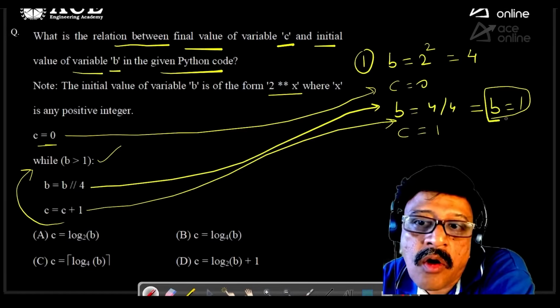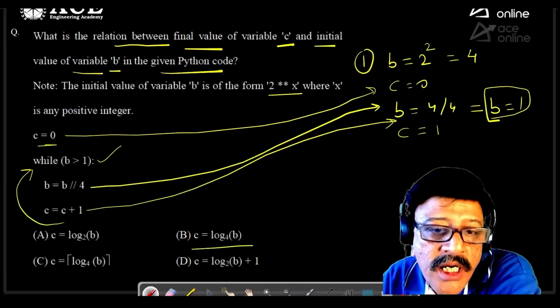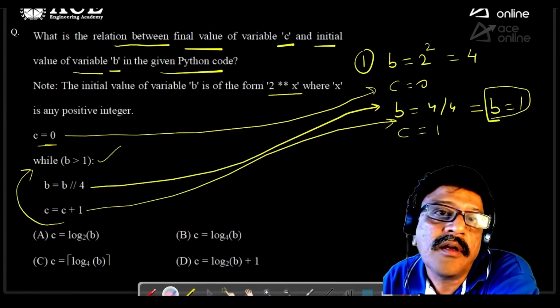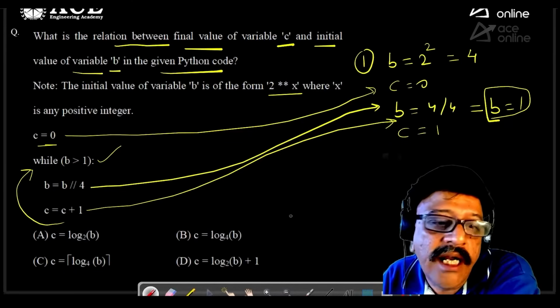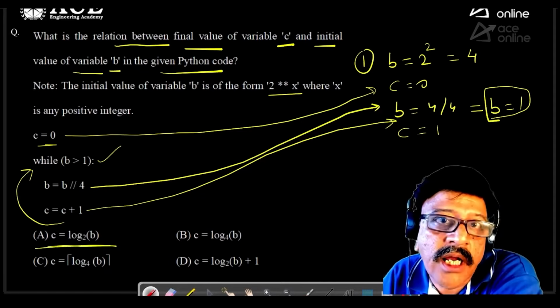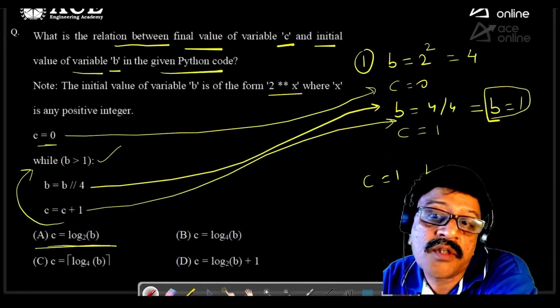Okay. So now after this execution of the while loop, do we have this option correct? You just see, this option or this option. Some options might get cut, might get deleted. You can see if option A was correct, then C is 1 here. I'll rewrite it. C is 1 and the original value of B is 4.